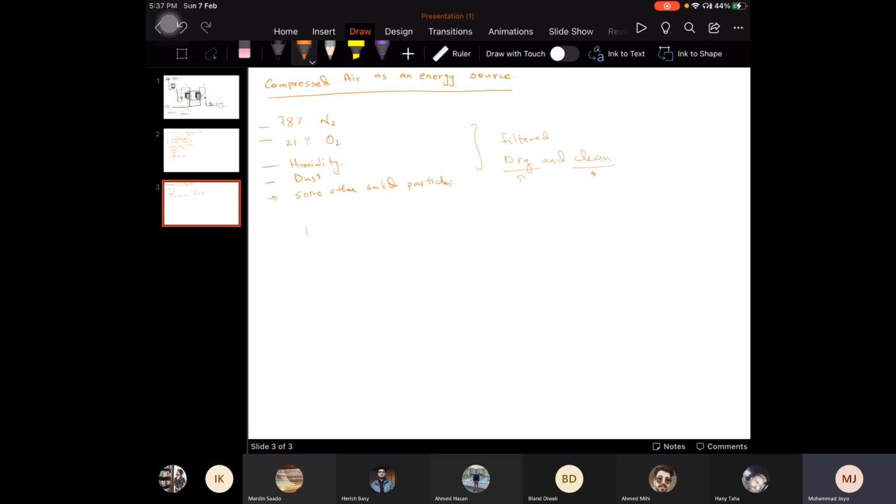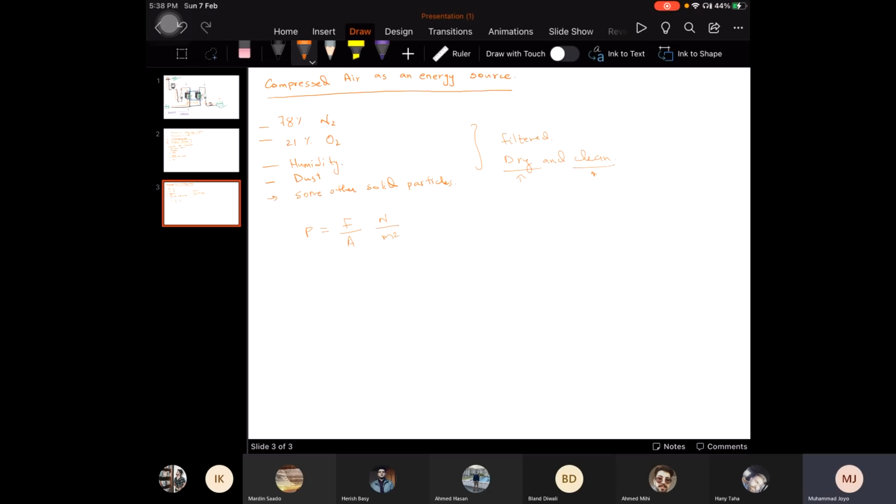Pressure is defined by P, which equals force over area, right? Basically, it is a force distributed evenly in all directions over the surface area. The unit of force is the Newton, so we can call it a Newton per meter square.